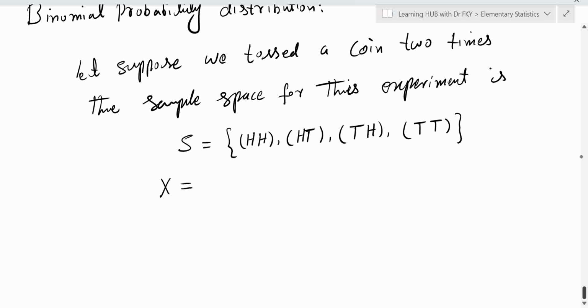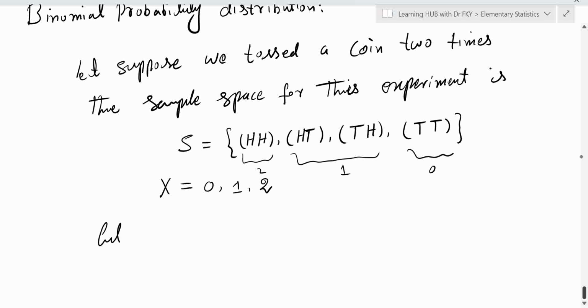You can see here 2 heads, here 1 head, and here 0 heads. So the random variable has 3 possible values: 0, 1, and 2. Now, if I want to calculate the probabilities, by just using simple probability rules, the 1 head or 2 heads.